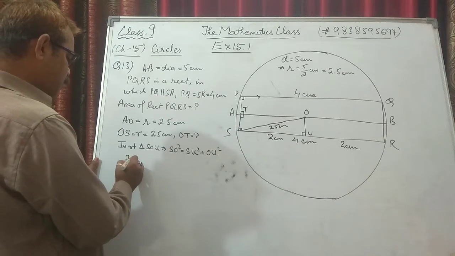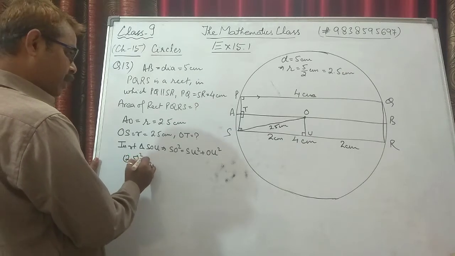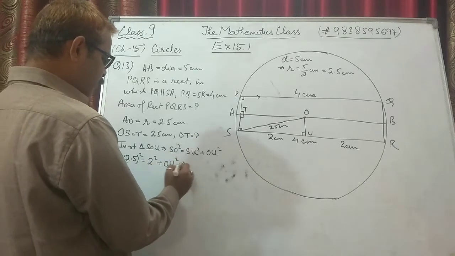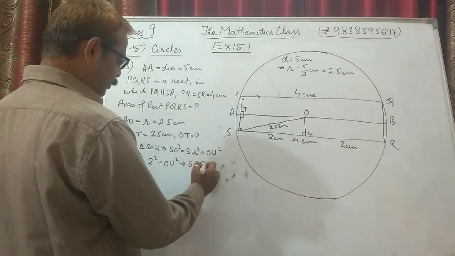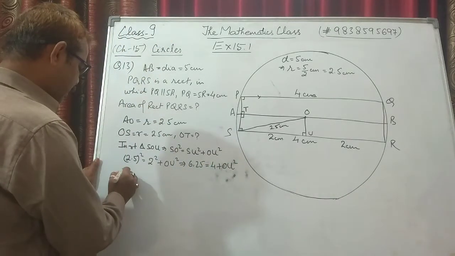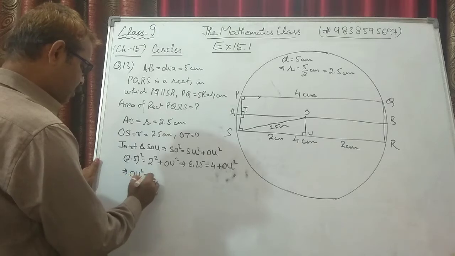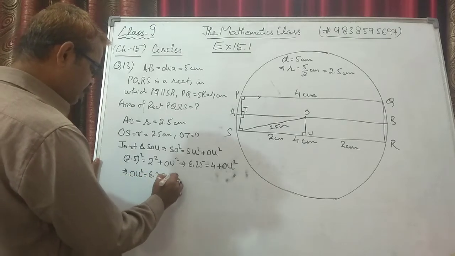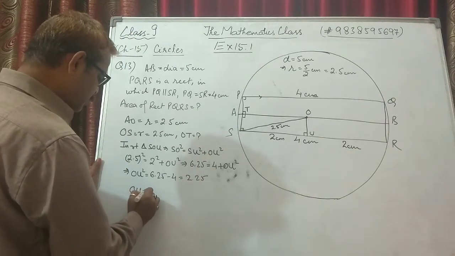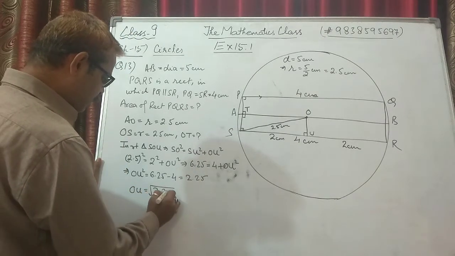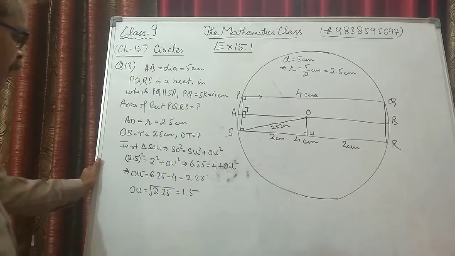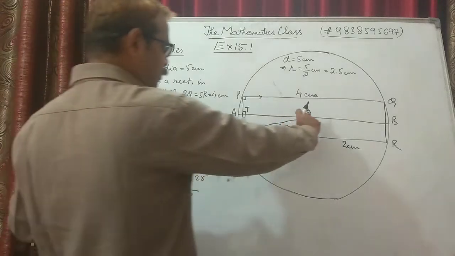SO is 2.5, so 2.5 square, SU is 2, so 2 square plus OU square. 2.5 into 2.5 is 6.25 is equal to 4 plus OU square. So OU square is equal to 6.25 minus 4, that is 2.25, which implies that OU is equal to root of 2.25, that is 1.5. It means 1.5 is the length of OU.